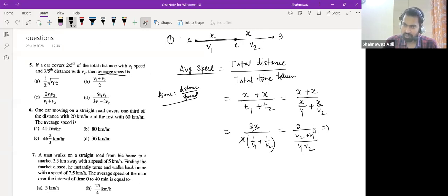This goes in the numerator, so 2 v1 v2 by v1 plus v2. Whenever half distances are given, or we are talking about the distance and the speeds, use these kind of equations. Whenever distance is given and speed is given, use these equations. So this would be the average speed for the half distance.